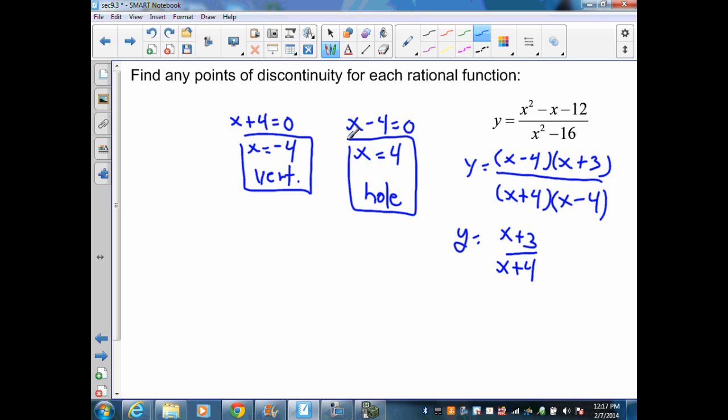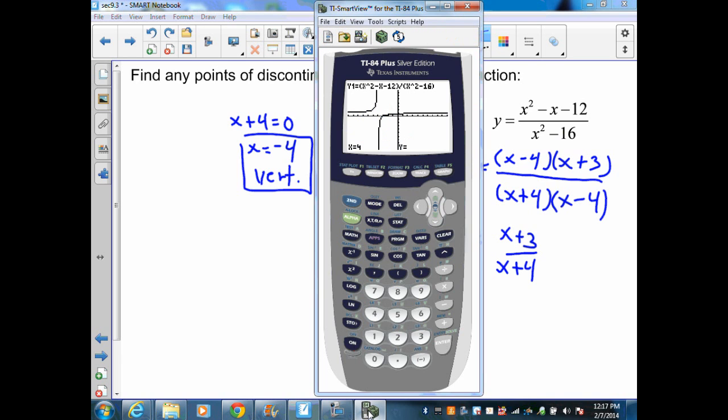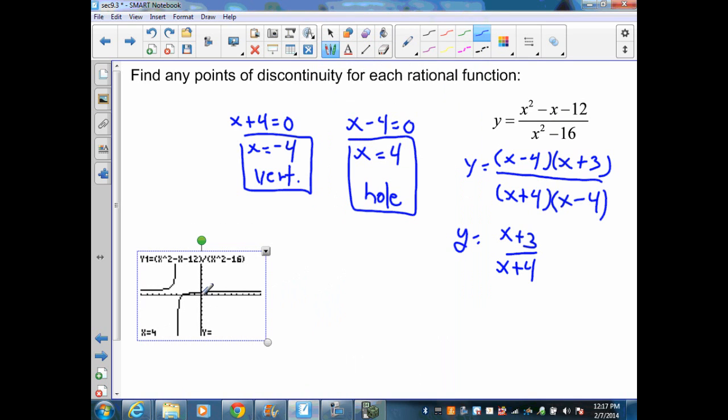I can verify this by taking a look at my graph. So I graphed x squared minus x minus 12 over x squared minus 16, and I get this graph. As you can see, I have a vertical asymptote at negative 4.